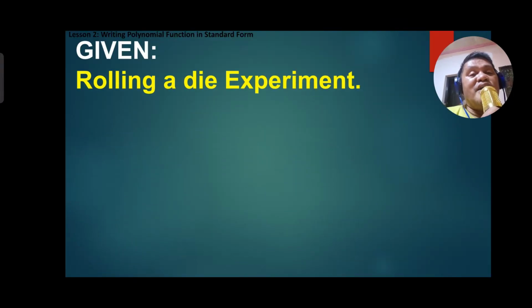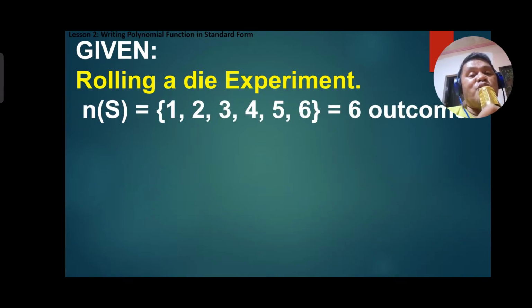Again, rolling a die, there is only one die, and we know already that there are 6 faces. So we have 1, 2, 3, 4, 5, 6. The sample space is equal to 6 outcomes.